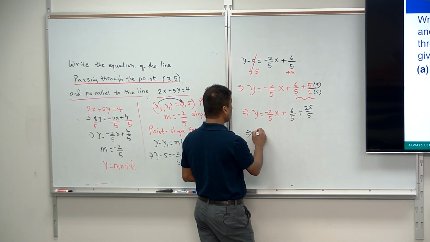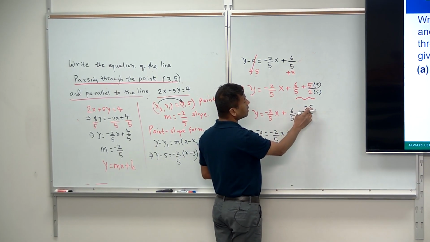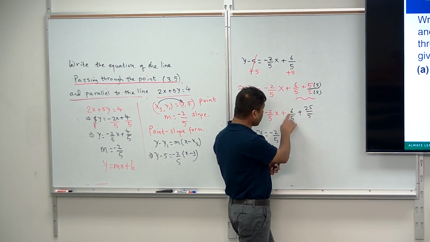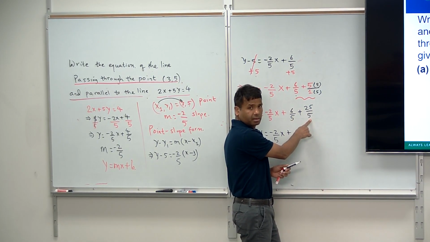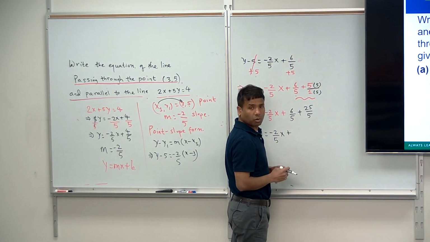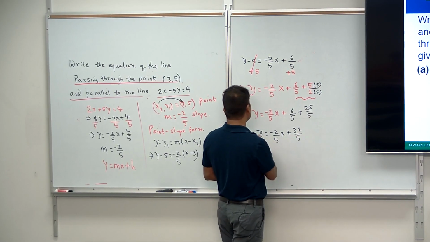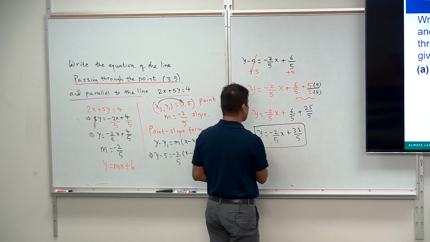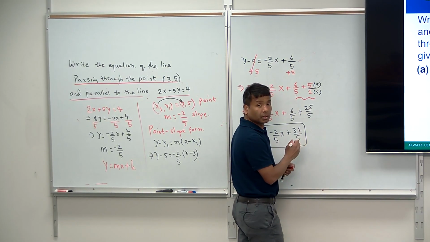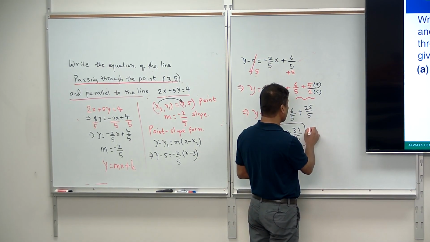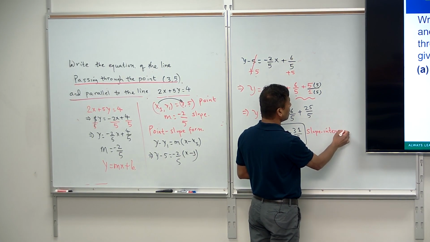So what is 6 plus 25? I can add the numerators because I have the same denominator, right? 31 over 5. So this is the equation of the line in slope-intercept form.